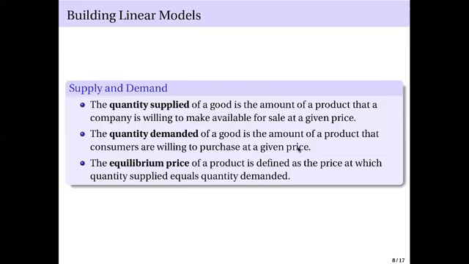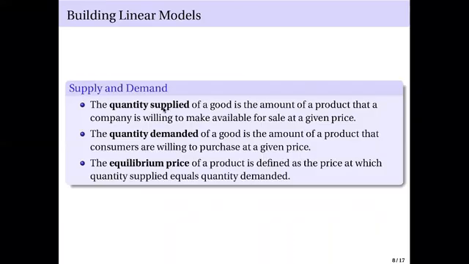So if you look at this, the quantity supplied is usually from the perspective of the companies, or of the manufacturers or producers. While the demand is most of the time from the perspective of the consumers.